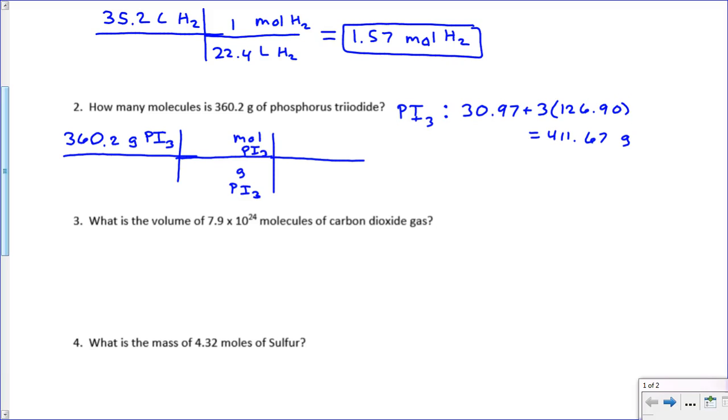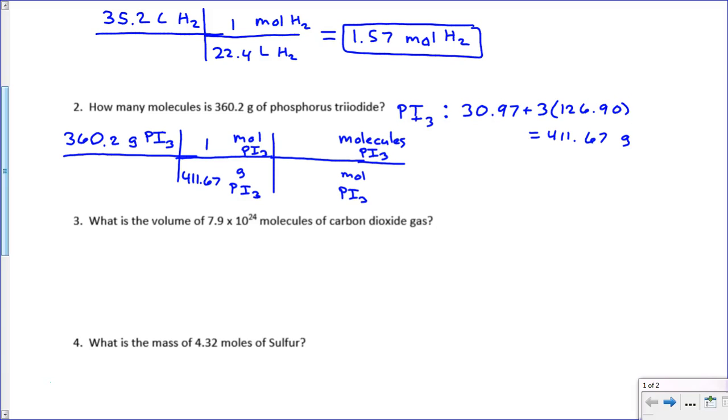And then we have to go from moles of PI3 to molecules of PI3. Conversion factor going from grams to moles is the molar mass. So this is where that 411.67 comes in. All right, and that's grams in 1 mole.